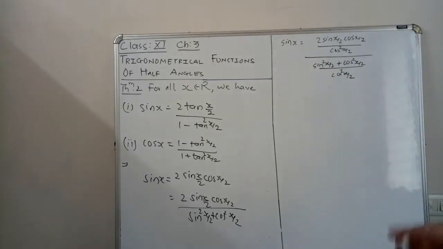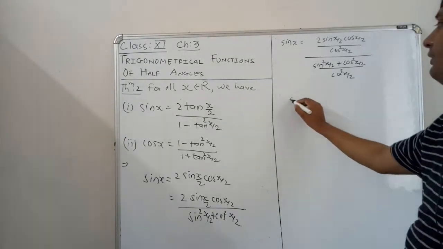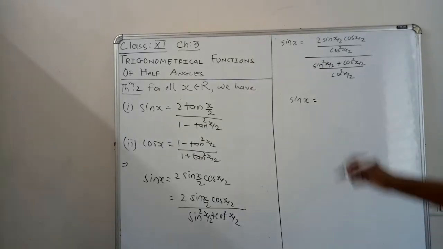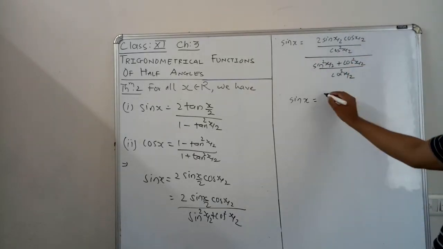So here the numerator and denominator both divide by cos square x by 2. So therefore sin x, you got the result.